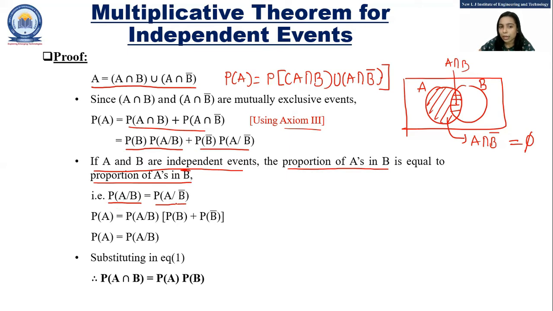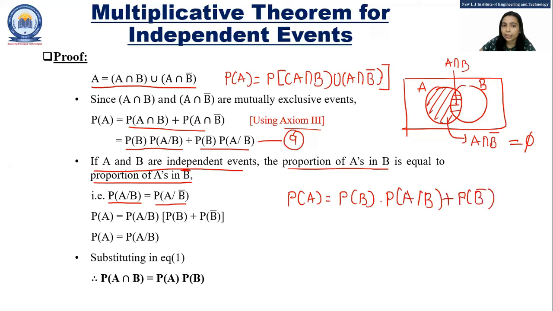These two values are equal. Now putting that into equation A, we can write P(A) = P(B) × P(A/B) + P(B bar) × P(A/B), where instead of P(A/B bar) we write P(A/B).